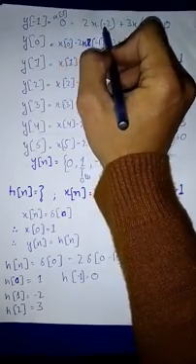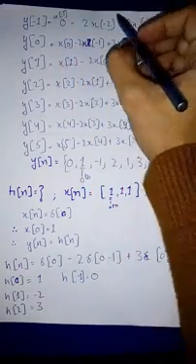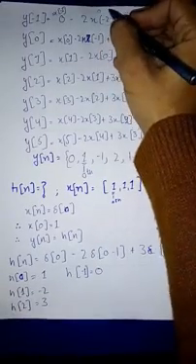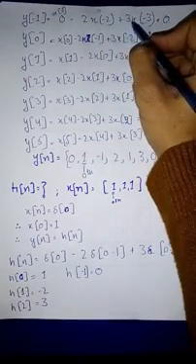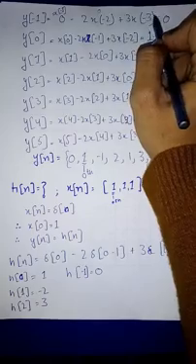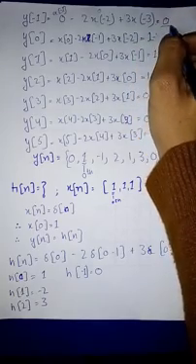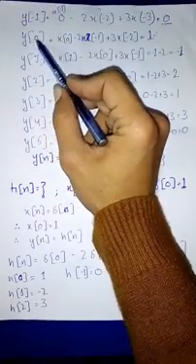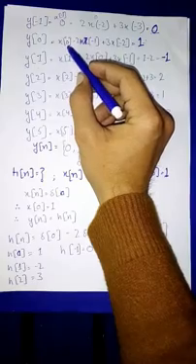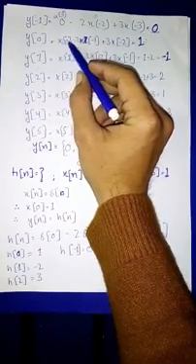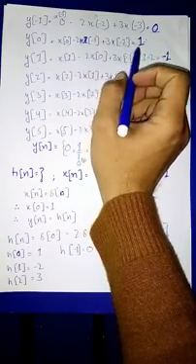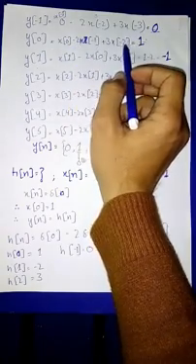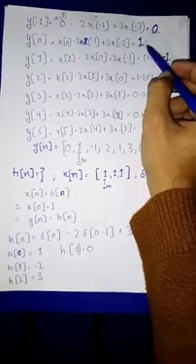Then we will have x of -2, which is also not defined, and it will also be equal to 0. And the third one is x of -3, which is also equal to 0. The first one we will have is 0 for y of -1. Then we will put x of 0. Here we have 1 at the 0th position. The others are obsolete, so here we have 1.